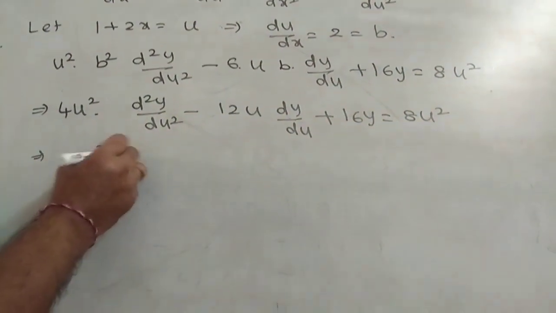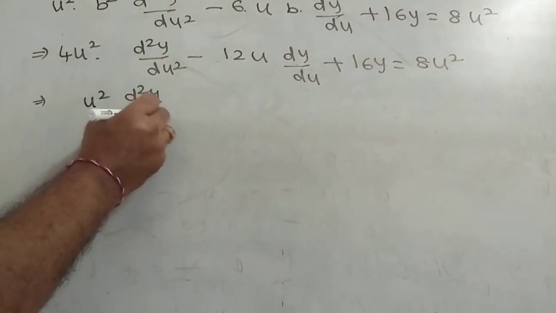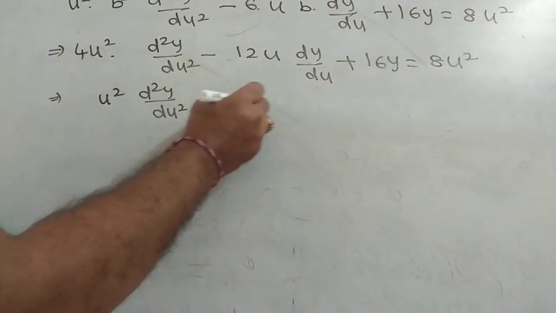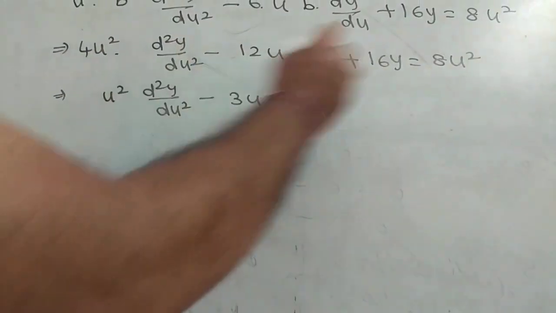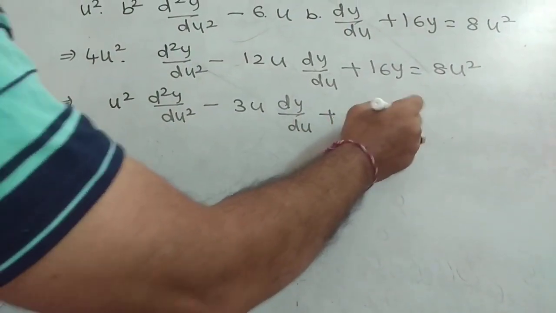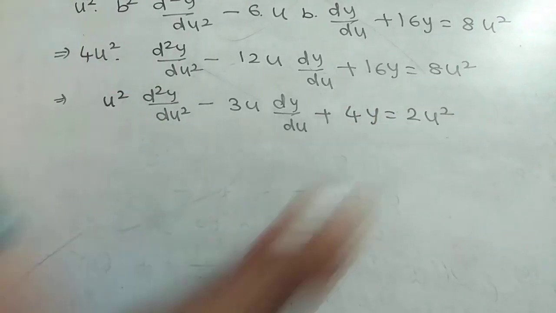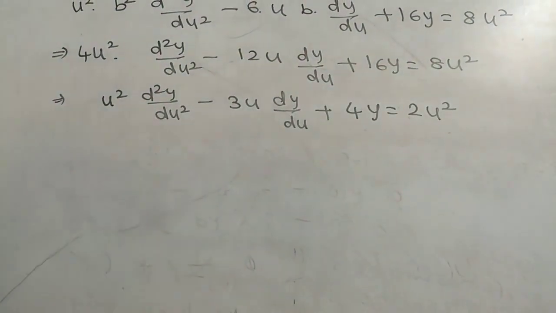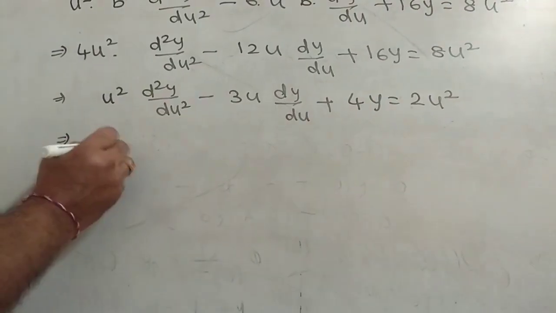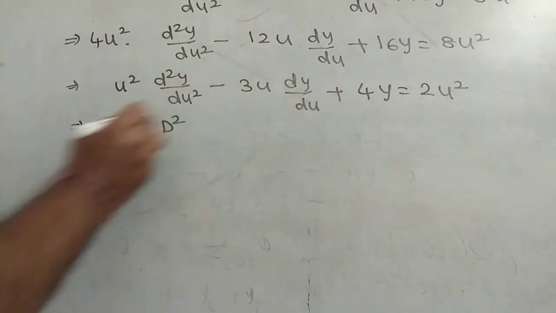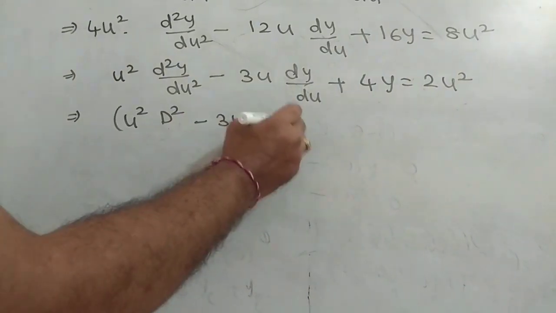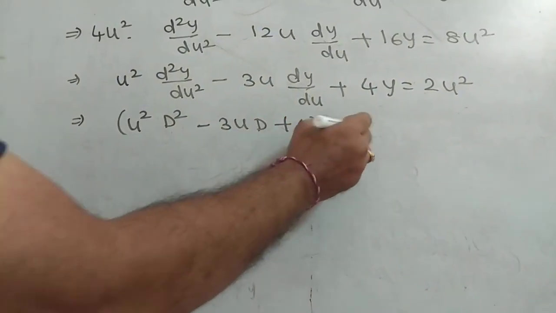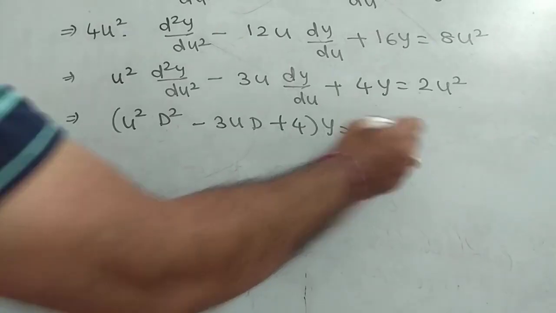So u square d square y by du square minus 3u dy by du plus 4y equal to 2u square. I write that in symbolic form like this: (u square d square minus 3ud plus 4) of y equal to 2u square.